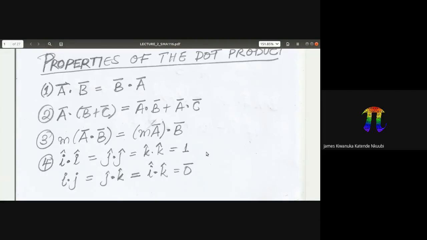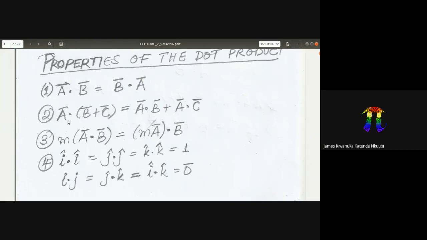So we look at some properties of the dot product. The dot product is commutative. That's property number 1. It means the order in which you perform the dot product does not change the result. You can do it as A dot B or B dot A. Any of those will work.